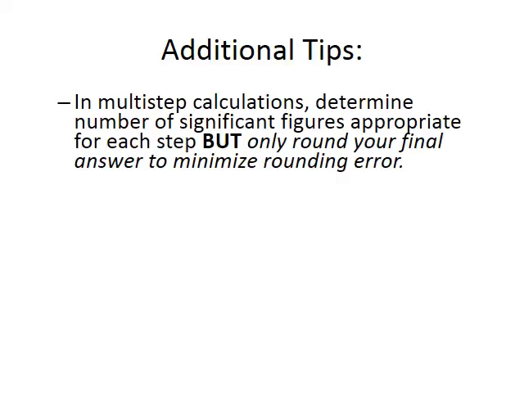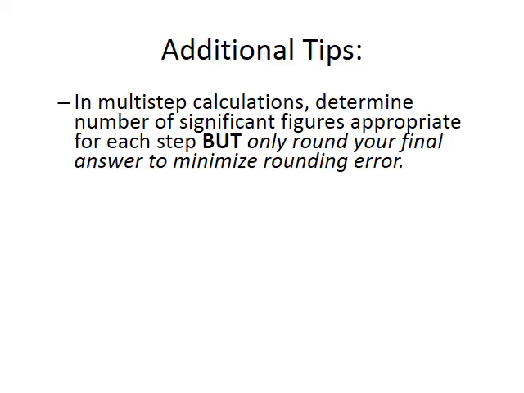Here are a couple of additional tips for dealing with significant figures in calculations. First, if you're dealing with a multi-step calculation, do all of the calculations for each step and get one final answer before you try to round to an appropriate number of significant figures. So you'll only round your final answer.